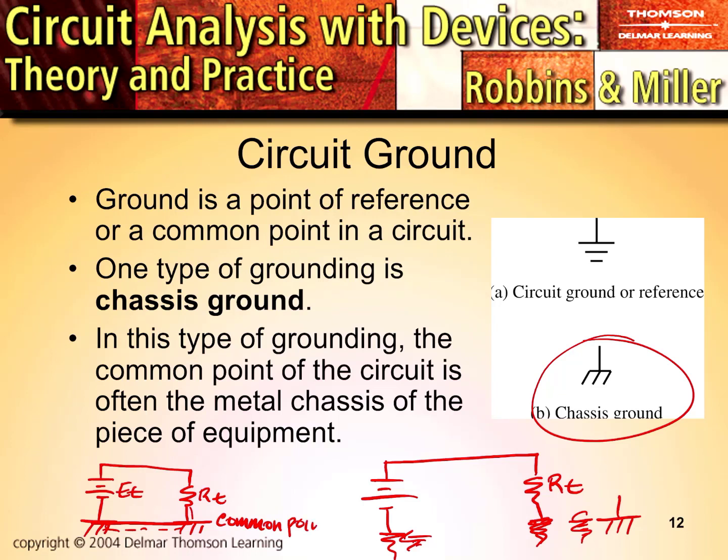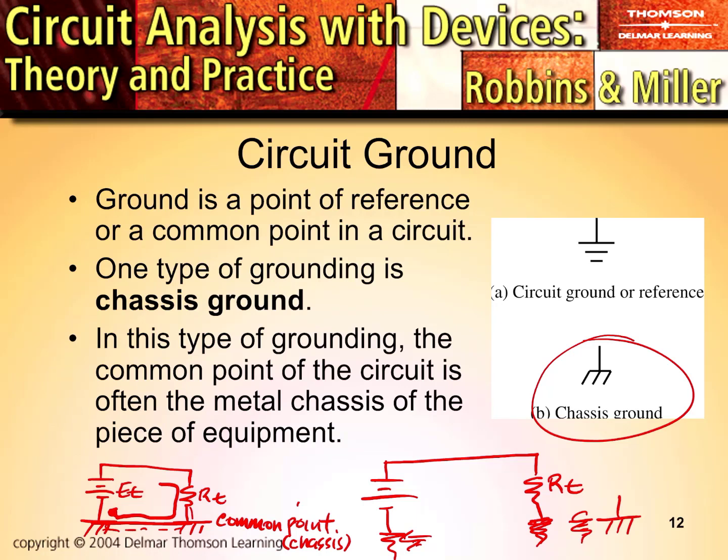Common point. It's chassis ground. And it's also the conductive return for current to end up back at the voltage source. This is called chassis ground. It becomes both a common point of reference for all voltage and a common point of connection for loads in a system that has chassis ground.